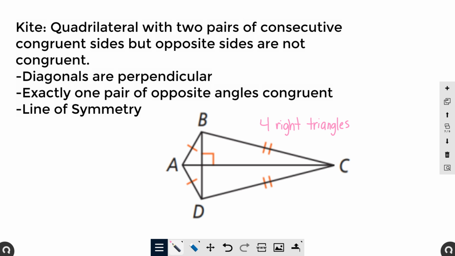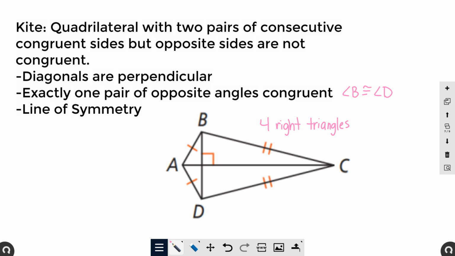Now, what's also true is exactly one pair of opposite angles are congruent. So what that means in this case is angle B is congruent to angle D. Those are the two that are congruent to each other. Because if you look at this kite, does it look like the angle at C is equal to the angle at A? No. But the angle at B and D are equal.